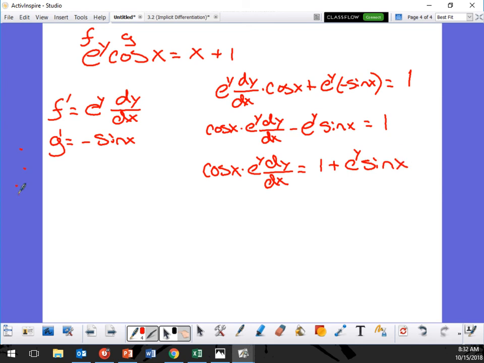Now I'm trying to get the dy dx. So everything is multiplying by dy dx, right? So I just need to divide by all of it. So divide by all of it.